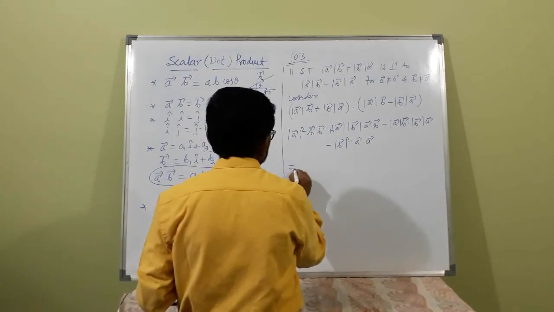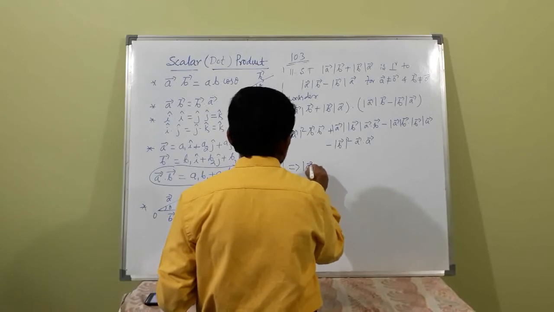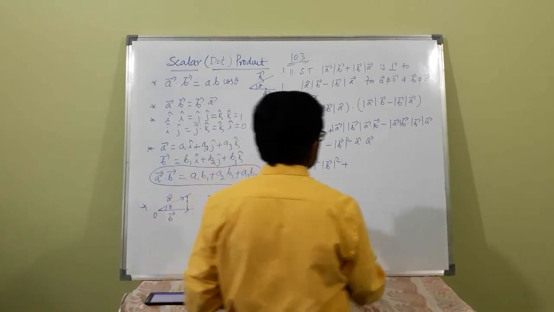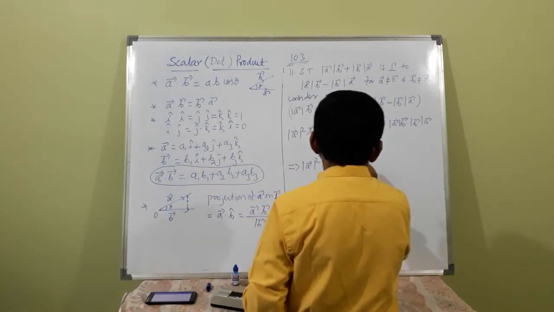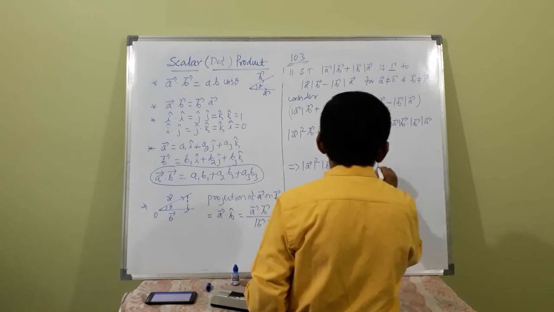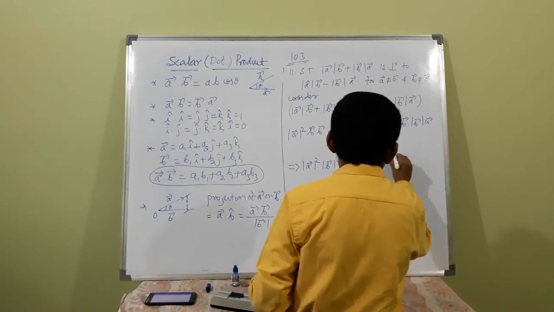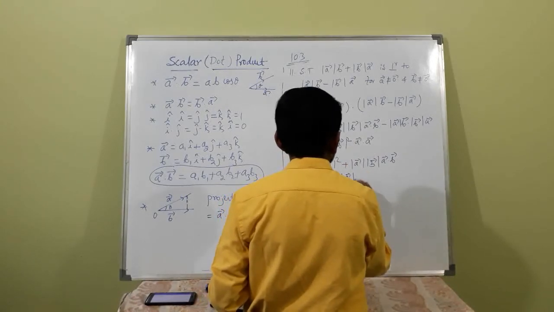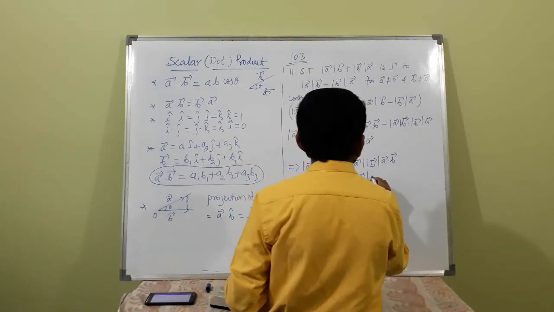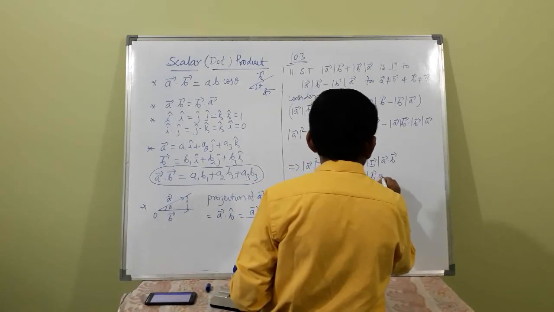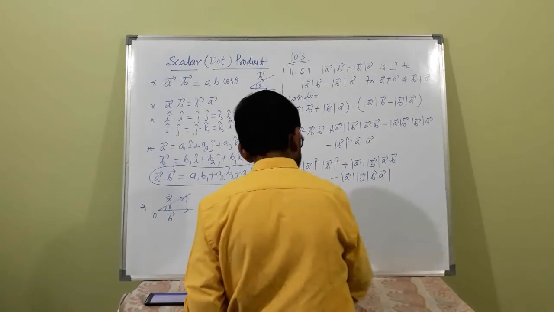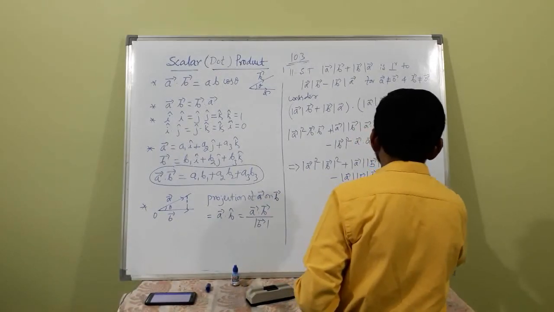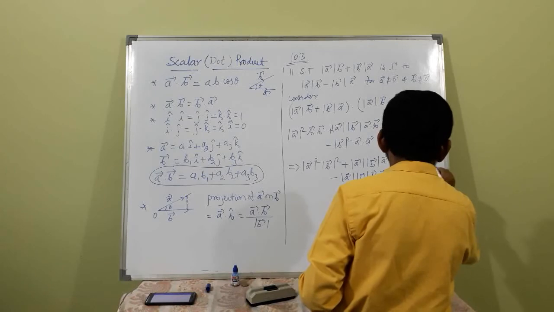So this implies magnitude of A squared magnitude of B squared plus magnitude of A, magnitude of B, A dot B, minus magnitude of A into magnitude of B, B dot A, minus magnitude of B squared magnitude of A squared.